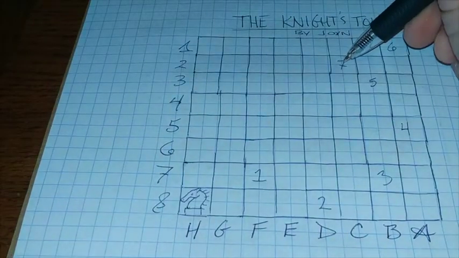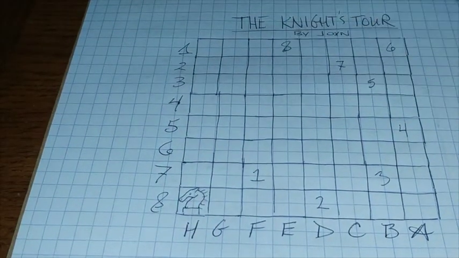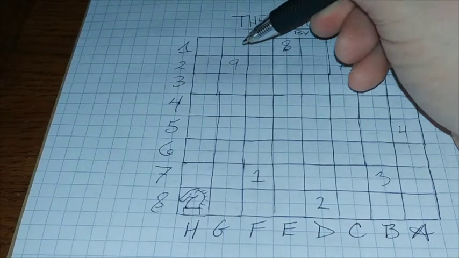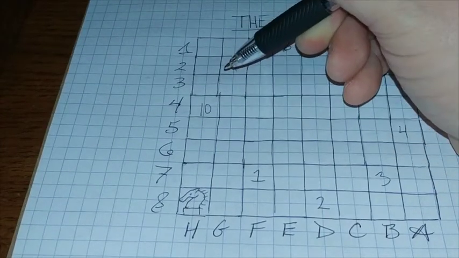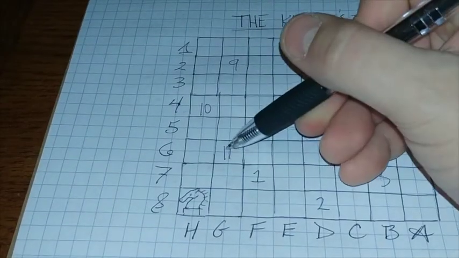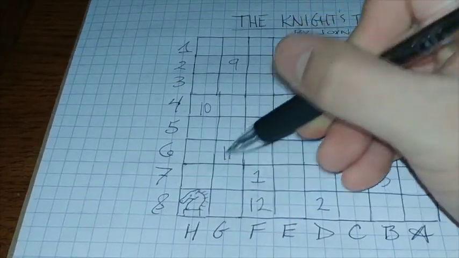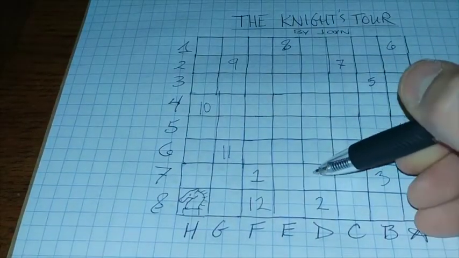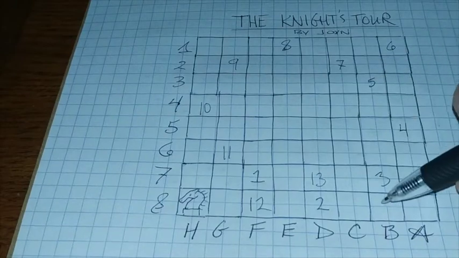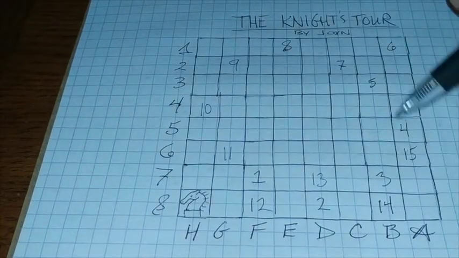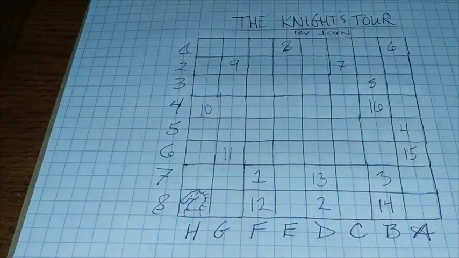Okay, continuing on from 7, 8, 9, 10, 11, and we're going to go down to 12. Don't want to go here because then puzzle's over. Okay. 13, 14, going back up, 15, and 16.